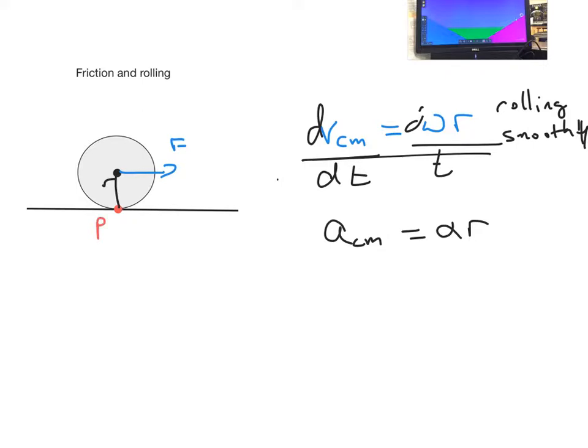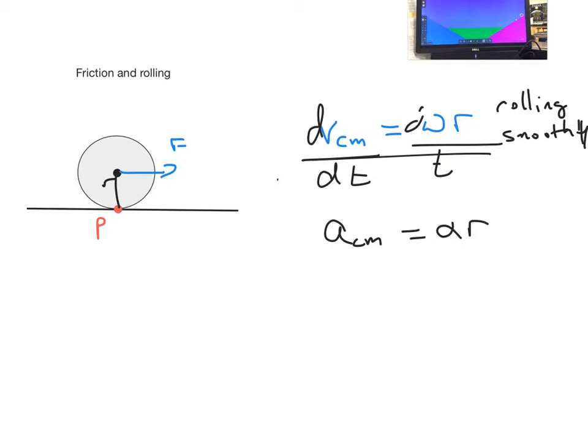Now, as that object is moving at a constant speed or accelerating, this point P is moving at the same rate as its center of mass. Point P will always be the point directly under its center of mass.